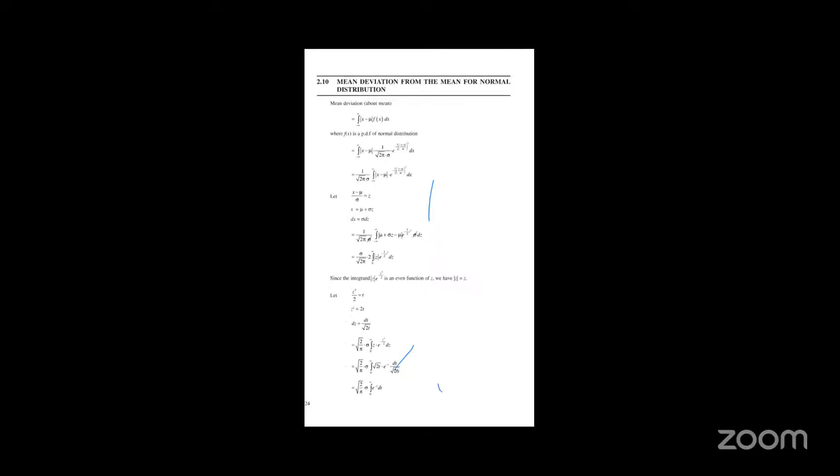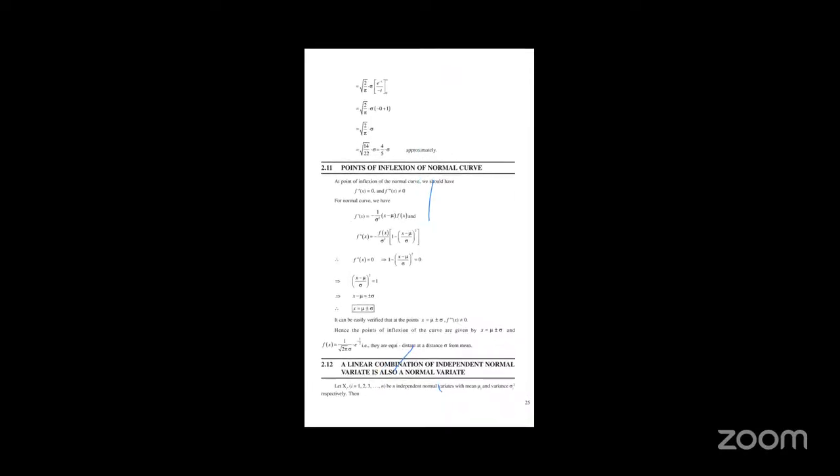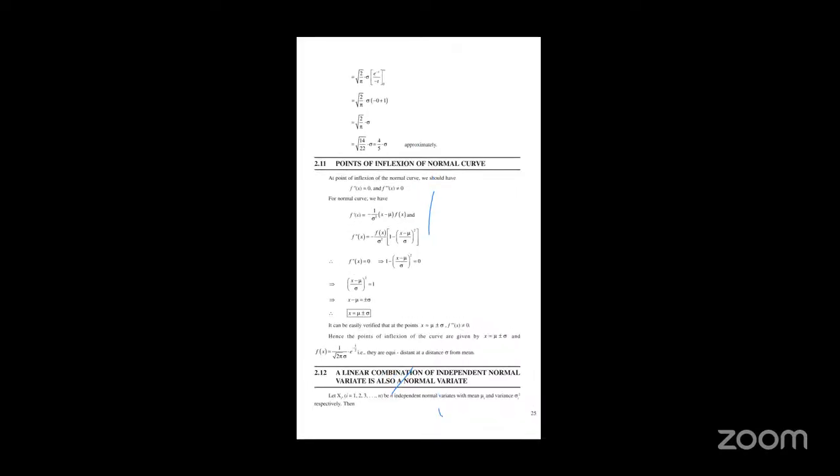This is the value we'll get from the previous one. If you are clear about the previous one, you'll get to know this also. So from this, root 2 by pi into sigma, e power minus t, from 0 to infinity.